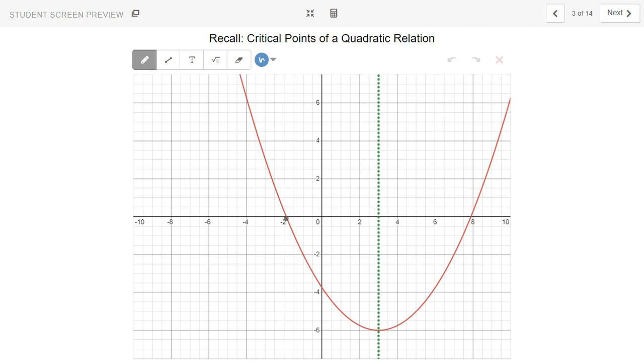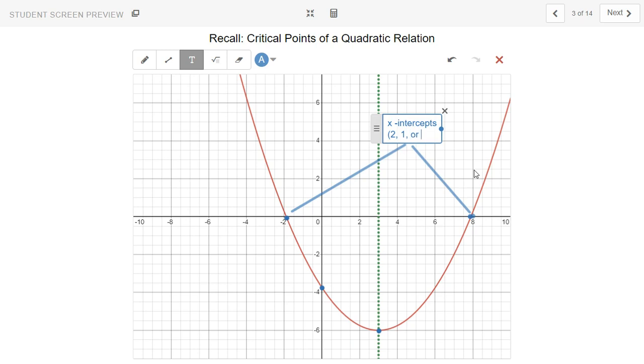Let's review the critical points. We have two x-intercepts in this case. Now, it is possible for us to have 2, it's possible for us to have 1, or it's possible for us to have 0.